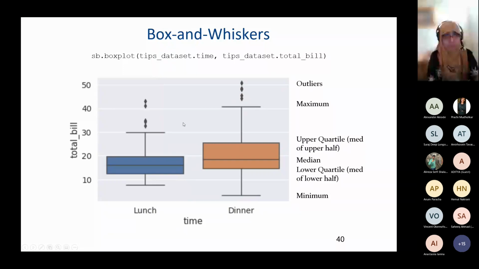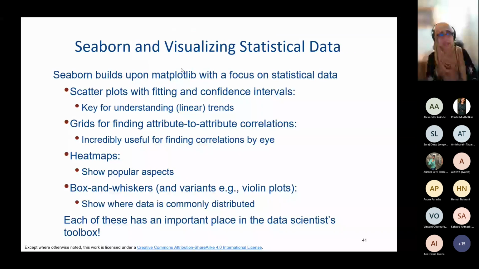You can also use Seaborn for your box and whiskers in your box plots to accurately show your outliers, exactly where the bar charts or your plots are located on the graph, your upper quartiles, your medians, and your minimum ranges. Seaborn builds upon Matplotlib with a focus on statistical data, so not just the visualization, not just the geometrical side of things, but it also focuses on the statistical side of things.